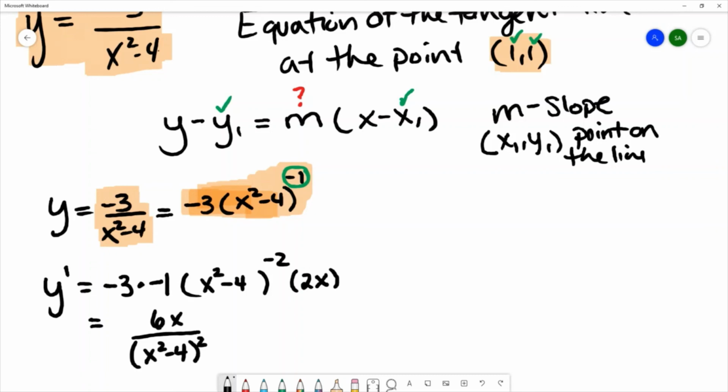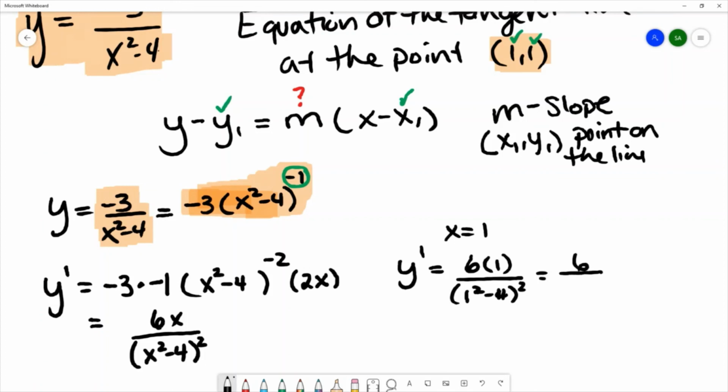So then I need the slope. This derivative is the slope at any point, but we're interested in the point 1, 1. So we want to evaluate this derivative at an x value of 1. So for x equals 1, that derivative will be 6 times 1 over 1 squared minus 4 squared.